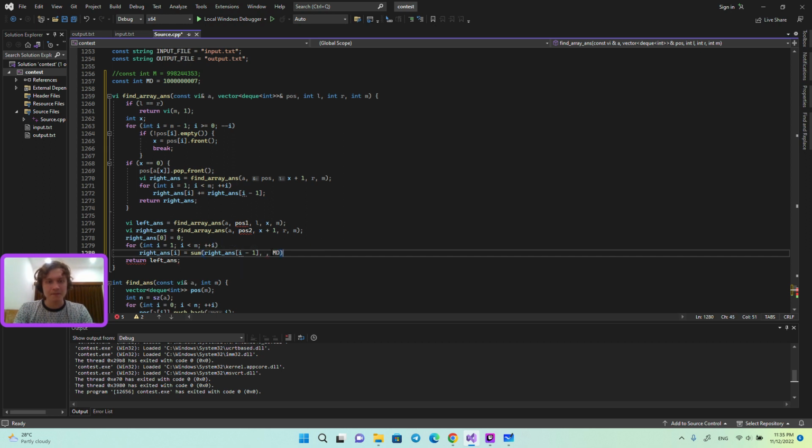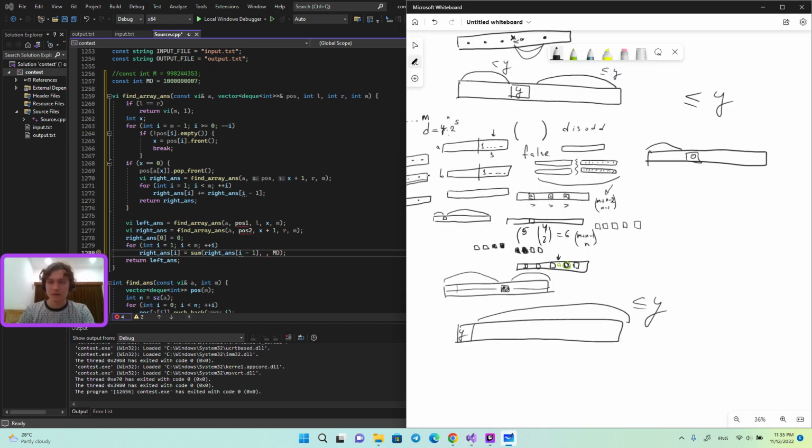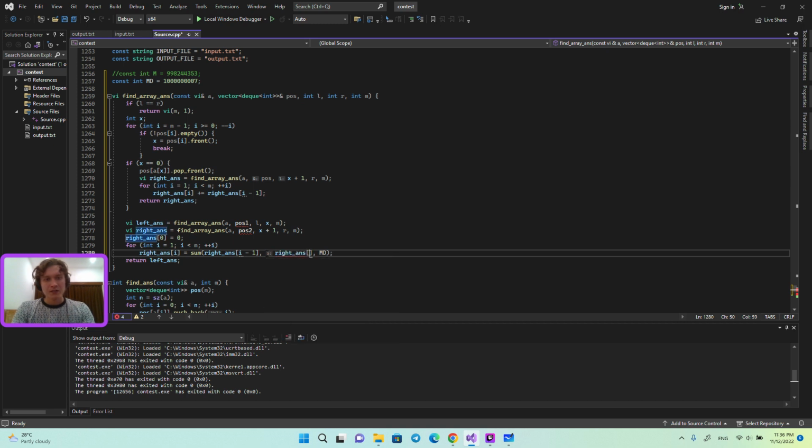Something modulo MD. What do I put here? I say that I should make this part at most I, and this is right ans. But also I need to make the left part at most I minus 1, modulo MD. And I return right ans.